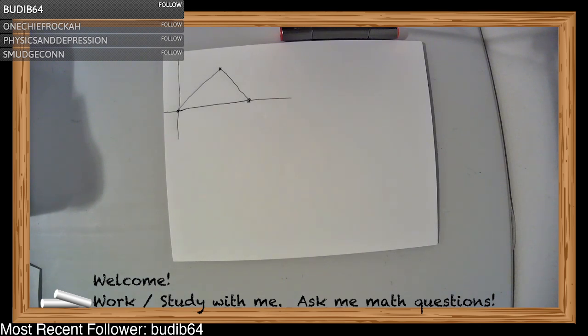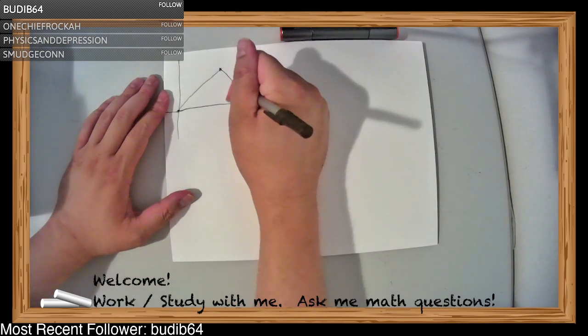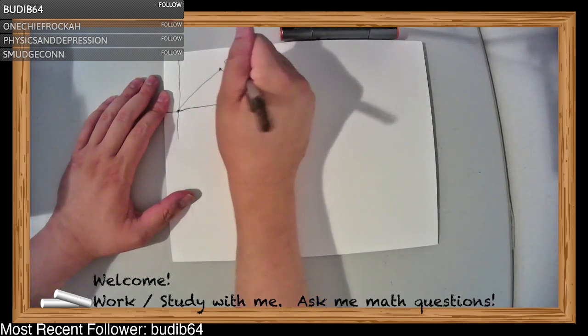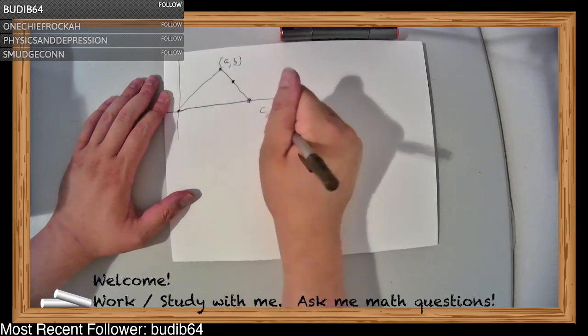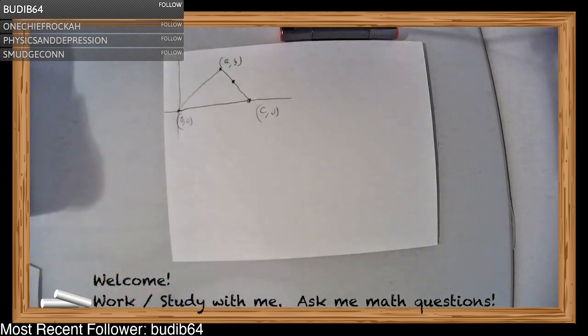Okay, so I am going to go for concurrent medians first. Okay, so median here, this will be A, B, this will be C, 0, this will be 0, 0. Okay, what is the easiest way to do this?